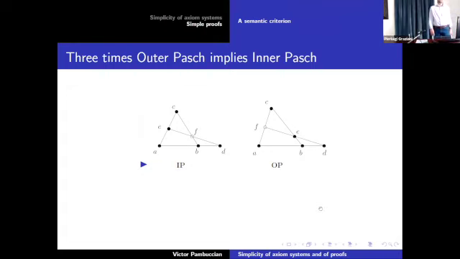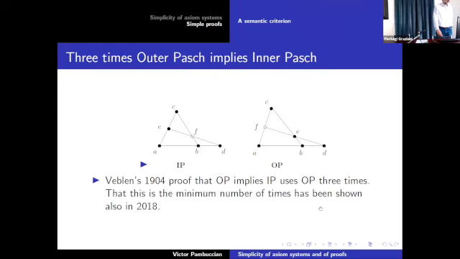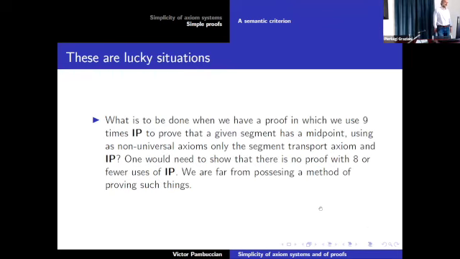And it turns out you need to apply outer Pasch 3 times, just as in Veblen's proof. These are obviously lucky situations where we could prove that this is the minimum number of times.